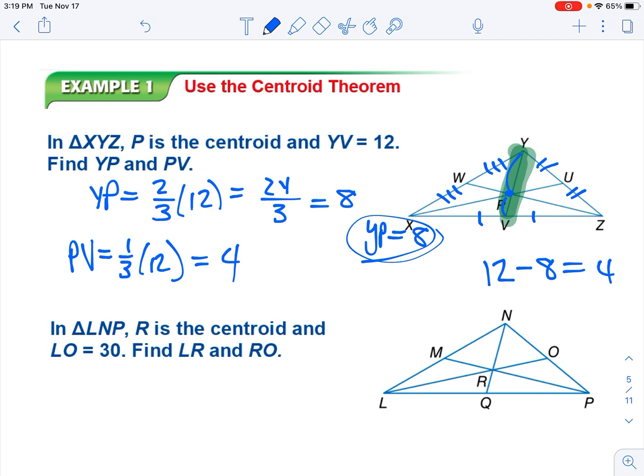Or you can use an extra shortcut where we know that because YP is 2/3 the whole thing and PV is 1/3, that means the longer vertex to centroid part is double the shorter centroid to side part. So we could do 8 divided by 2 and also get 4. Either of the 3 ways we do it, we always get PV equal to 4.